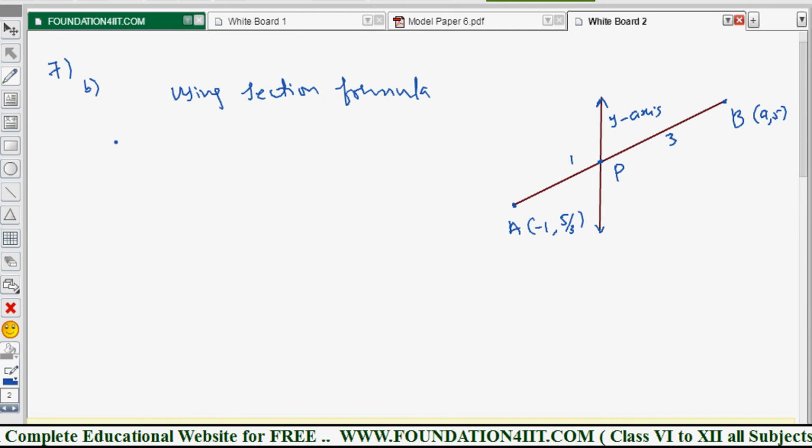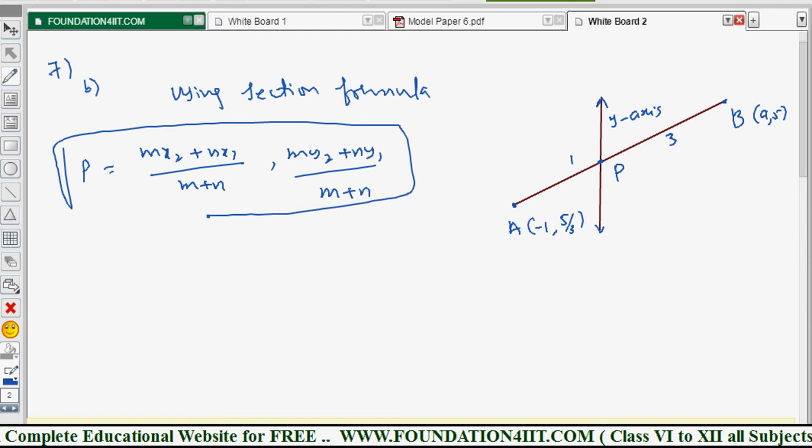So using the section formula, P is equal to mx2 plus nx1 by m plus n, where m:n is 1:3, that's the ratio, and my2 plus ny1 by m plus n. So this section formula will apply to find the point P, right?